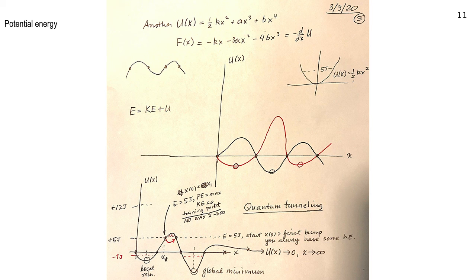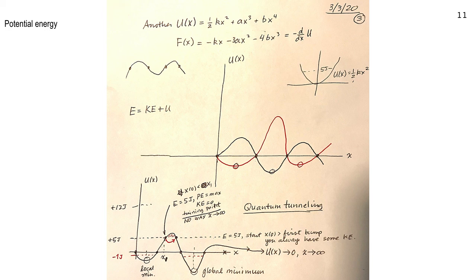Like the way x goes. So remember, the total mechanical energy is equal to KE plus U, the potential. So if U is equal to the total, that's right here, all right? The dashed line is your total. That's a constant if it's conservative, if there's no friction or anything.